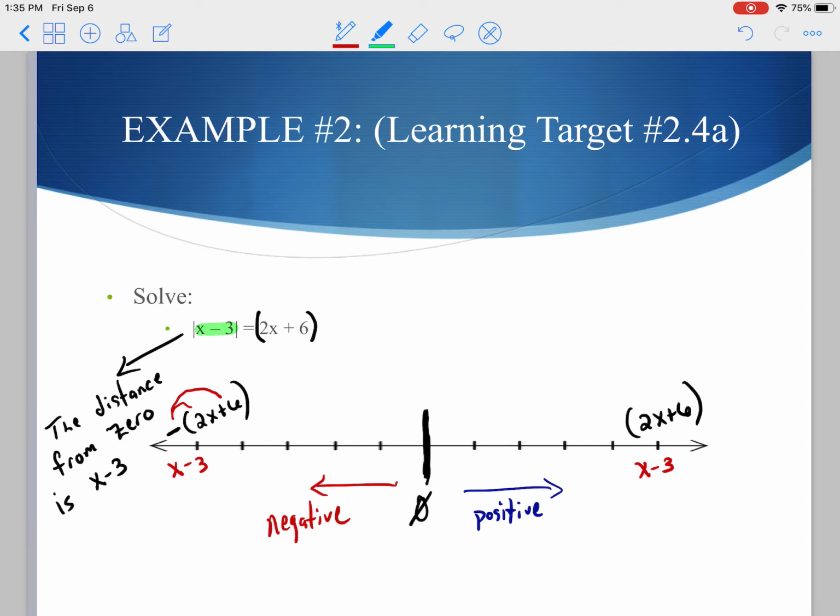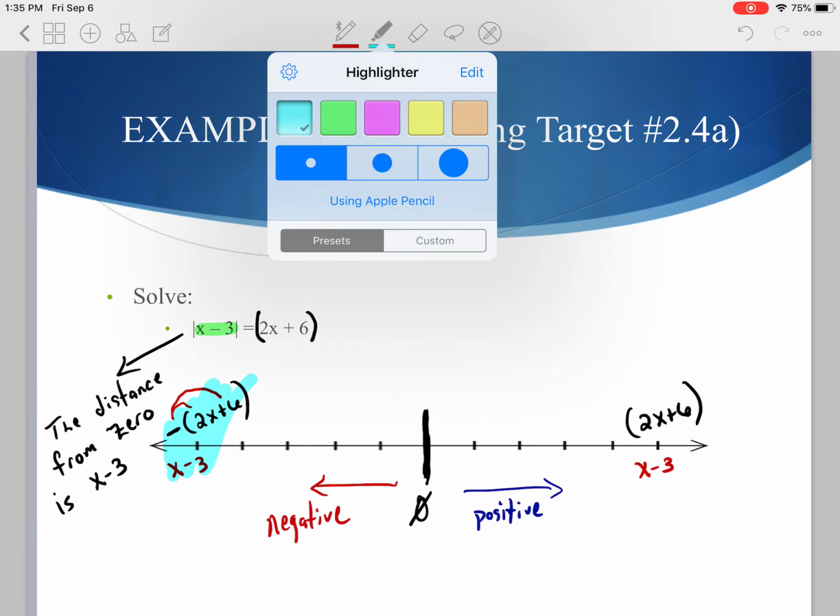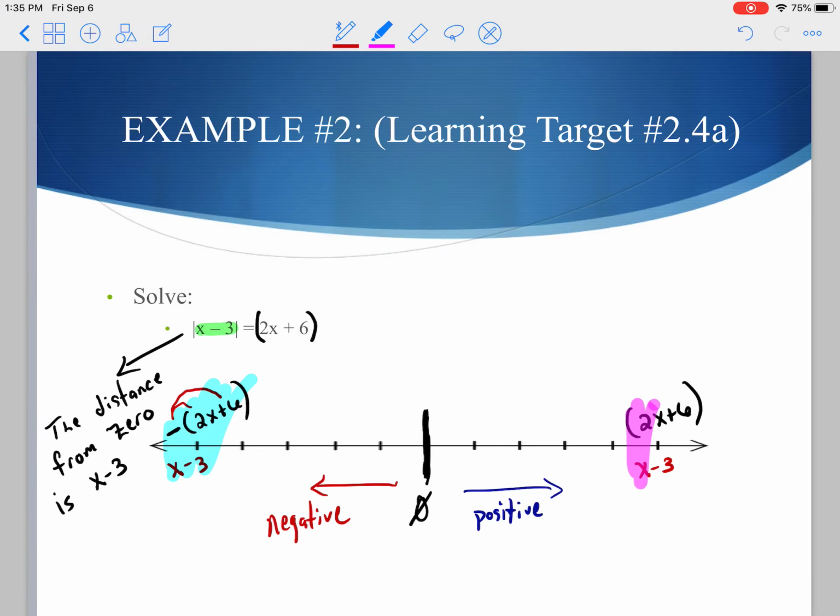And so what I have created are two possible scenarios where we have moved a distance of x minus 3 from 0. So in order to solve for x, I need to establish or create an equation. And in this case, I'll create two equations, one representing the negative direction and a second representing the positive direction.